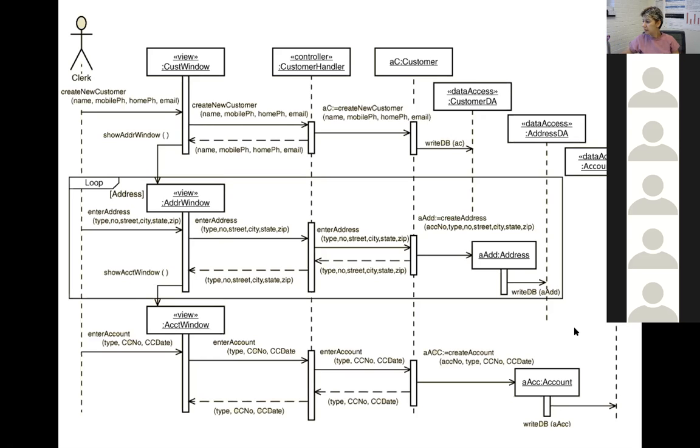Exactly. This is the data access layer object. What do you do? Are you doing C, R, U, or D? What are you asking that data access layer to do? C. Exactly. So you're writing an account to the database, and for that you call a method inside the data access layer object account DA.